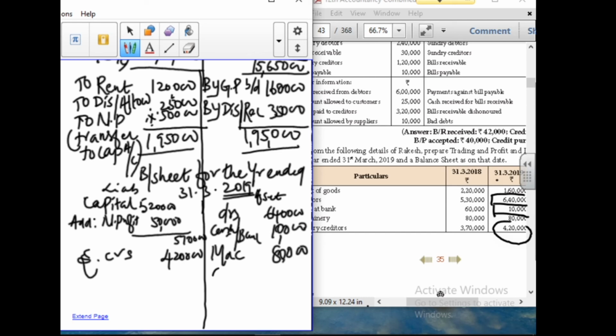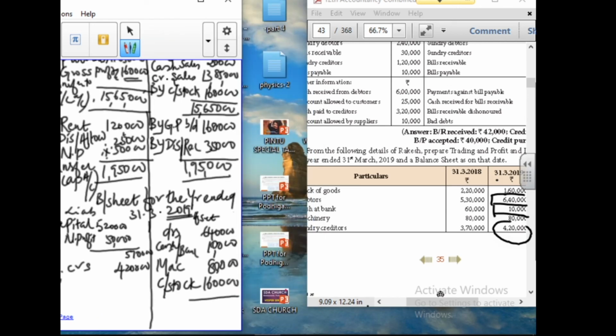So at the end, we are going to write the closing stock. Closing stock is 1,60,000. We are going to transfer it. Just see whether the balance sheet is going to tally or not.